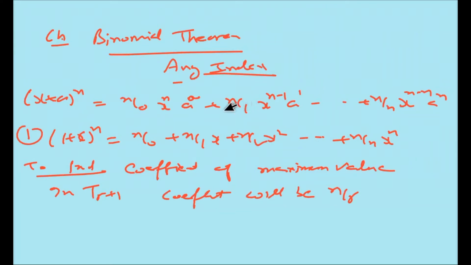Here you can see in the first term it is nC0, in the second term it is nC1 and in the third term it is nC2, so nCr.